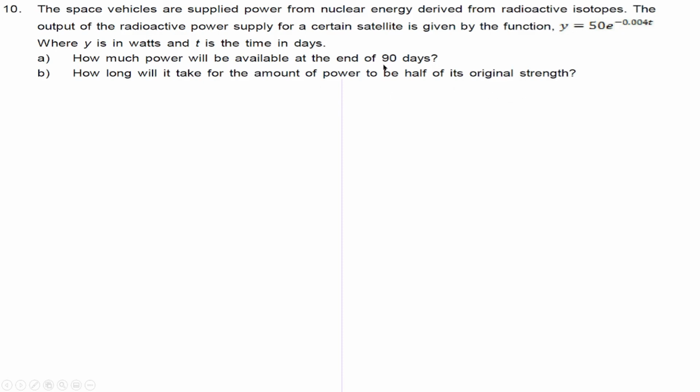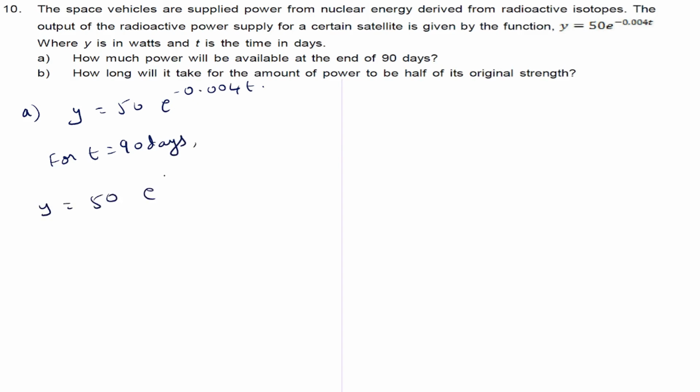So in the first subdivision, t is given, we need to find y. Y is equal to 50 into e raised to minus 0.004t. So for t equal to 90 days, y is equal to 50 into e raised to minus 0.004 into 90, which is 50 into e raised to minus 0.36.